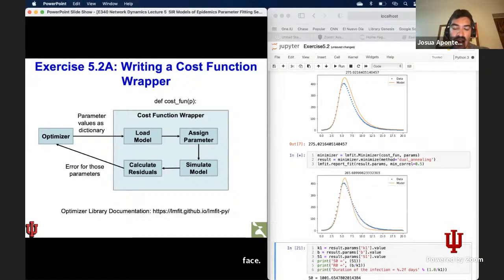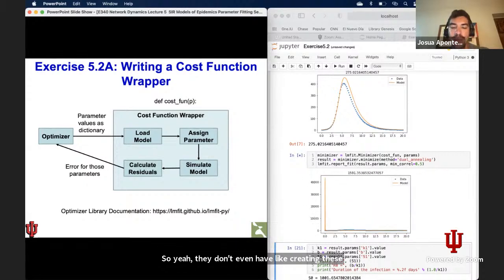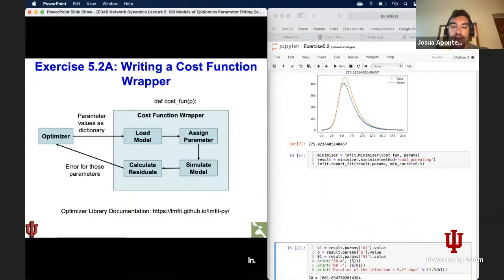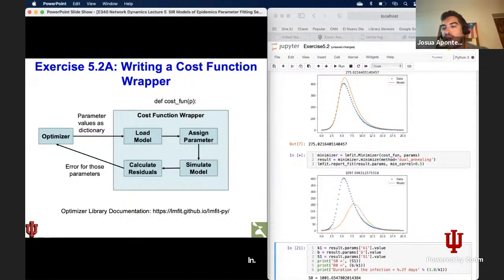So yeah, they don't even have plain gradient descent in their options. They always use the Levenberg-Marquardt because that is more robust, and it's not that different from gradient descent. It's just more efficient.